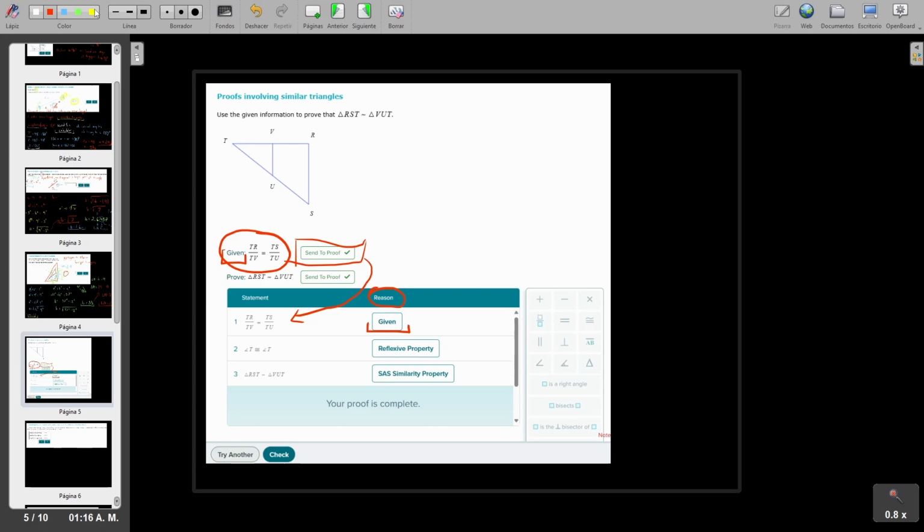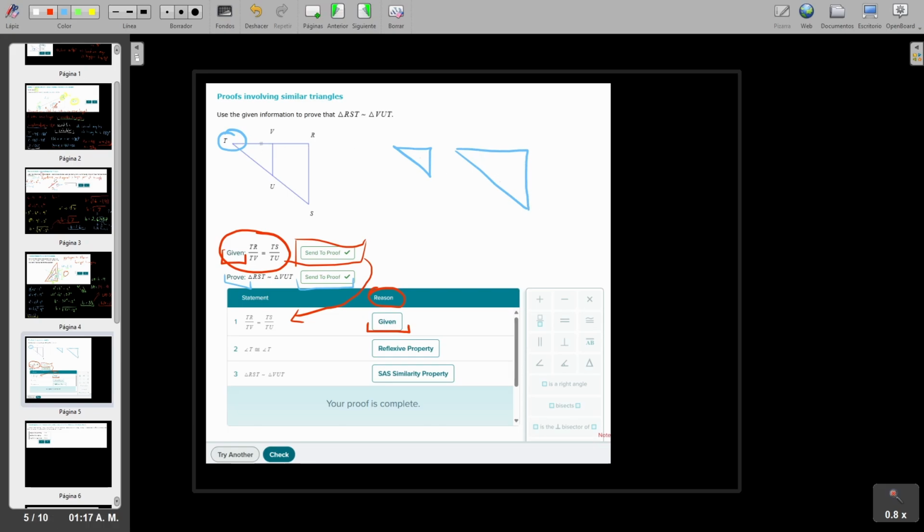Now, before we send this part to proof, we need to have something that is similar in this part. In this case, we can see that this angle at T is going to be the same for these two triangles. Why? Because these two triangles are one small triangle and one big triangle.